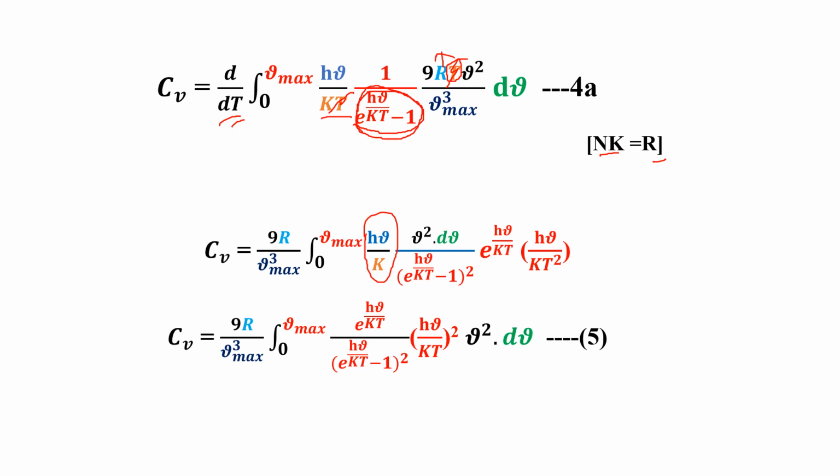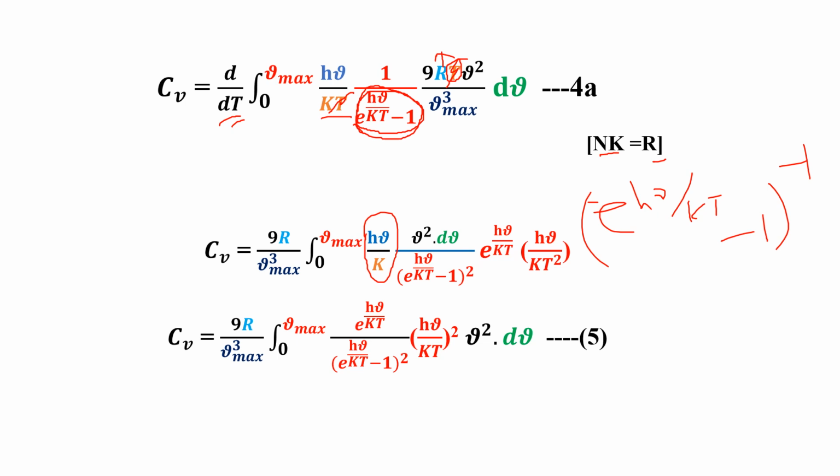Whenever you are differentiating it, as it is in the denominator, if you move it to the numerator, it can be written as e power h nu by kt minus 1 whole power minus 1.